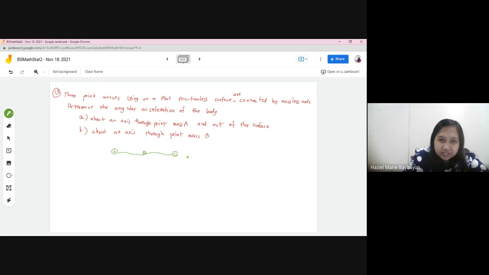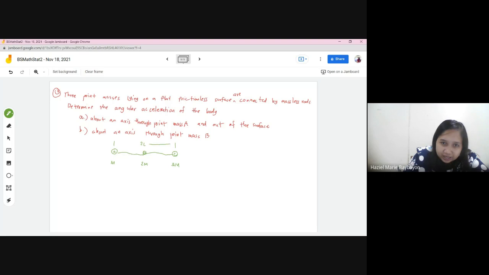So for the first case, we are given the mass of point mass A, it's M. The mass of point mass B is 2M. And the mass of point mass C is 3M. And the distance between A and C is 2L.